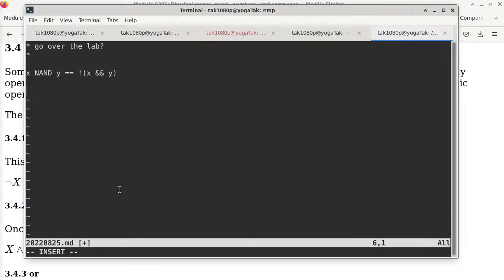So now you guys may say, but that is not an operator that we learned in CISP360. In 360, we learned about negation, we learned about conjunction, which is and, and we also learned about disjunction, which is or. But nobody taught me anything about NAND. But that's okay, because as you can see, NAND can be expressed using logical operators that you are already familiar with.